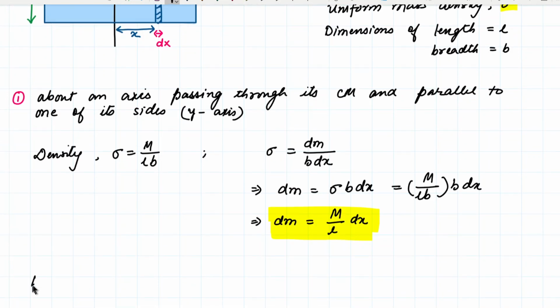So now I just want to calculate the moment of inertia about y-axis, which is very easy. Moment of inertia about y-axis.